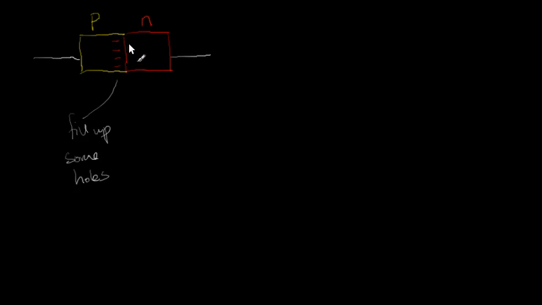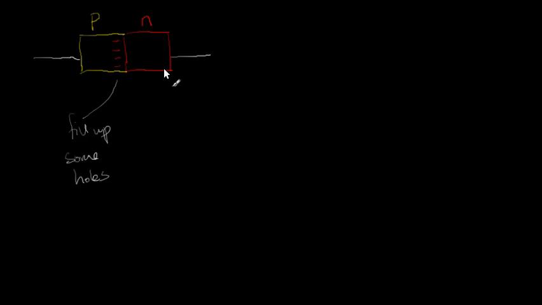So if some of these conduction electrons can diffuse into the other side, the other type of material, then within this N-type material, it means that it has actually lost some electrons as a whole to the other side.